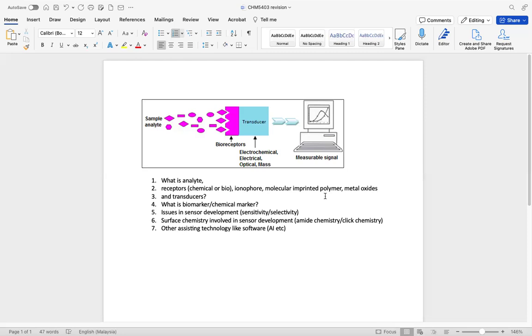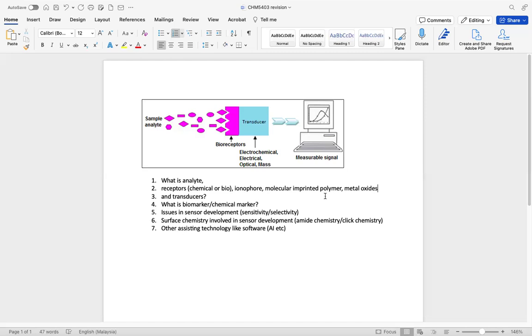Plastic means synthetic antibody, which is good because, as I mentioned in the discussion before, antibody is difficult to produce. It can be very expensive in preparation, as well as having batch to batch variation.